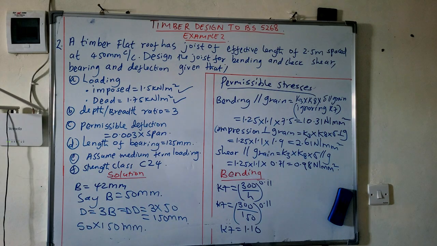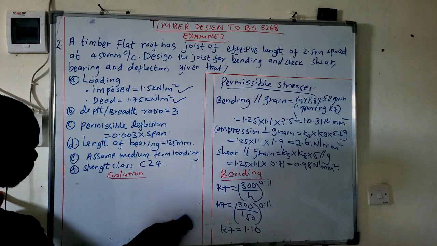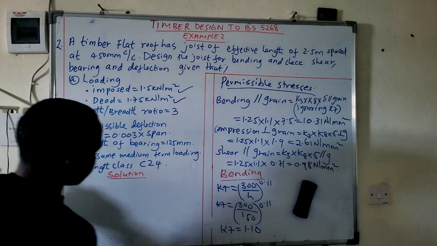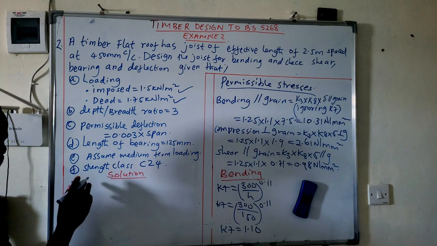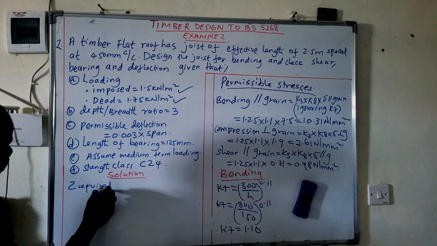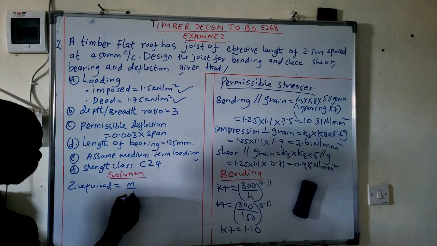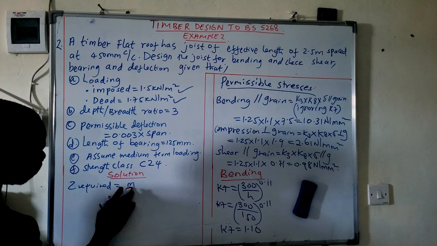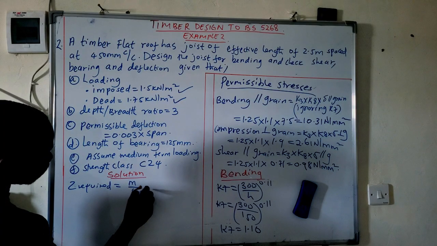Now you can calculate for Z required. So Z required is equal to M over F times K7.